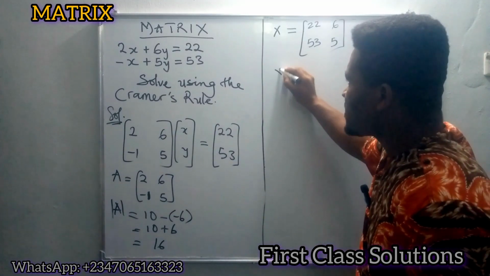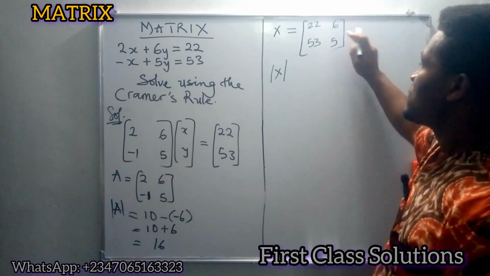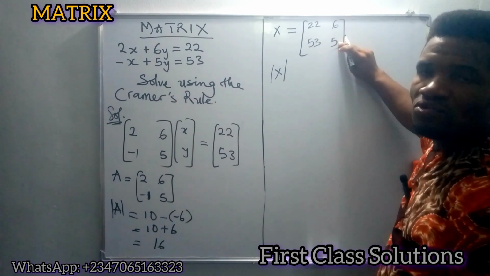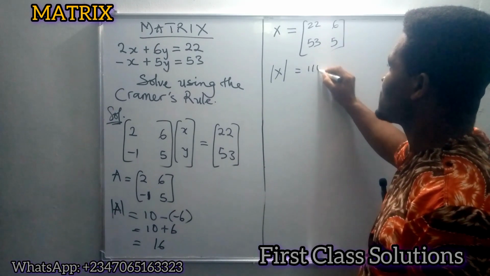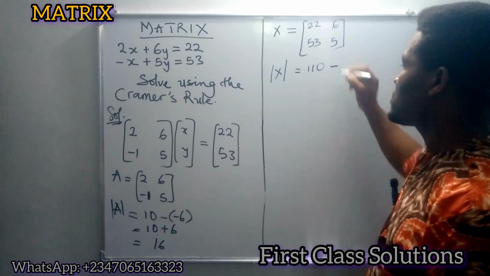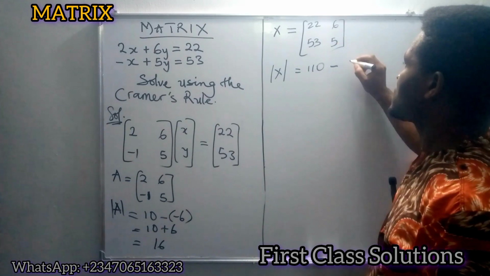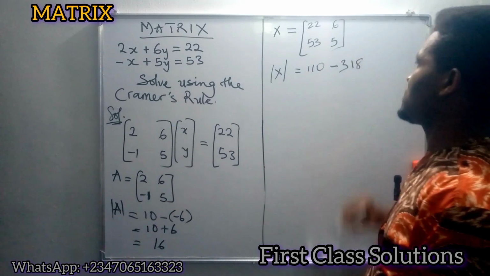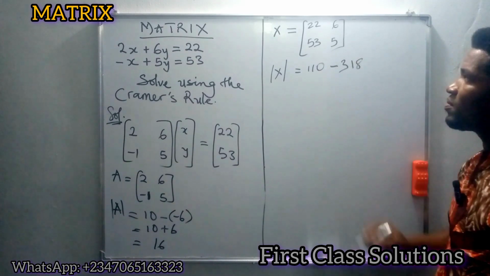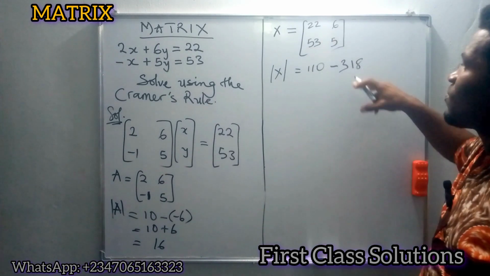Now the determinant of this matrix is 22 times 5, which is 110, minus 53 times 6, which is 318.